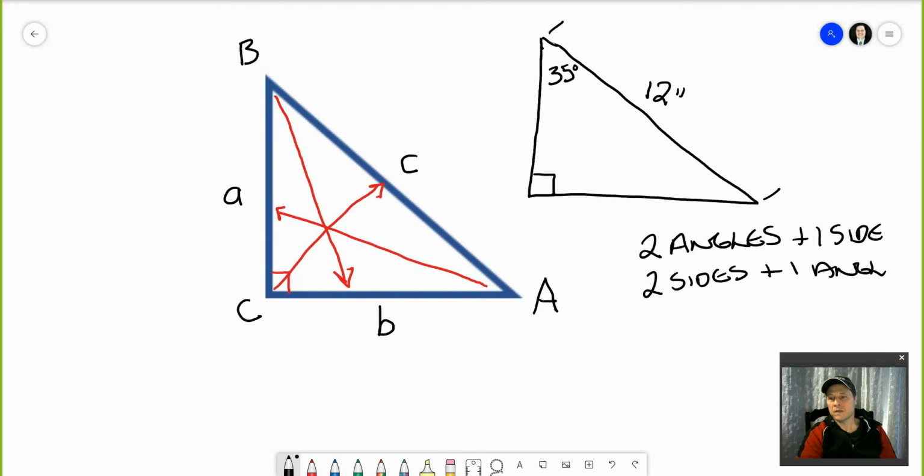So in this example up here at the top, we know 2 angles, because this is 90, and we know the length of a side. So in theory, we should be able to solve this angle, this length, and this height based on the rules of trig.